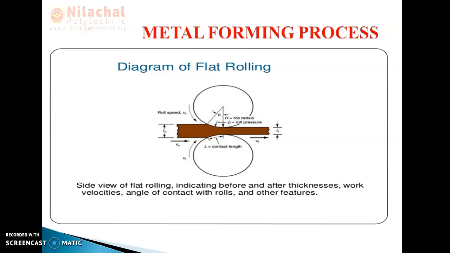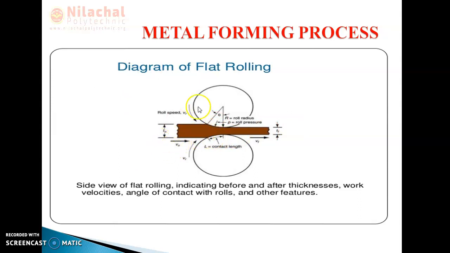The rolls thus squeeze the passing work to reduce its cross section and increase its length. Here in the figure, the upper one is the upper roll, the one on the lower side is the lower roll, and this shows the direction of the workpiece.